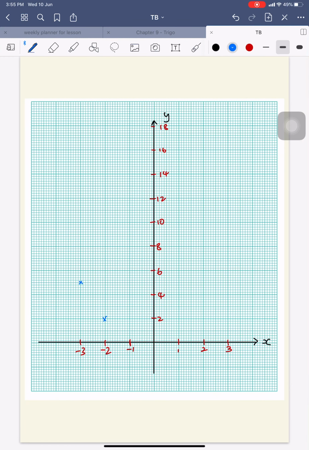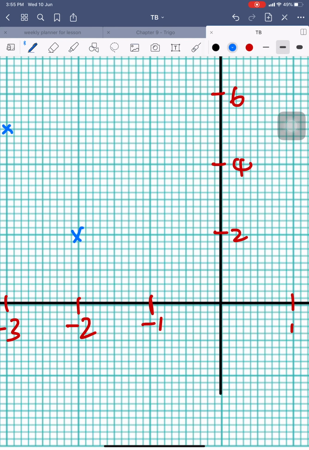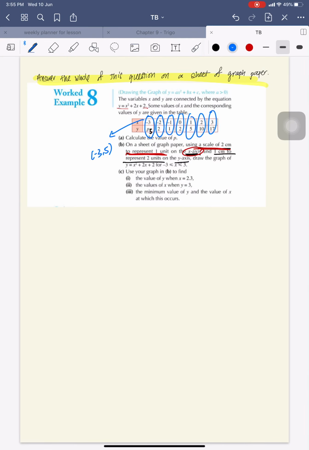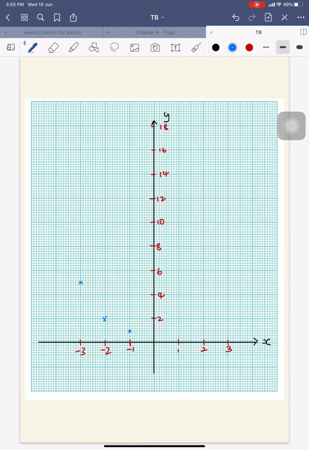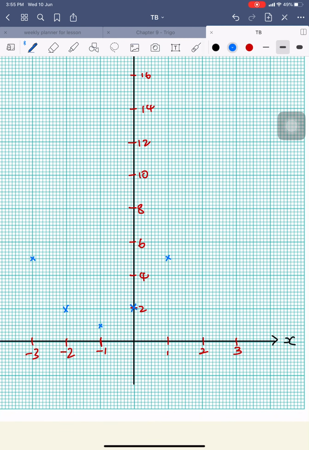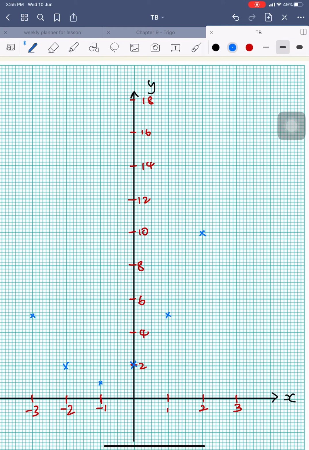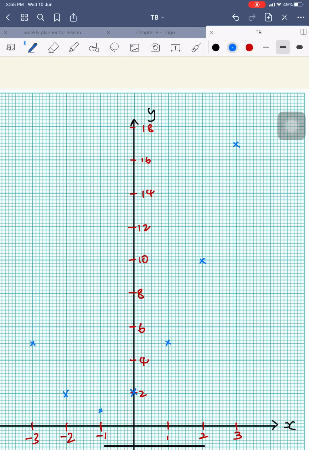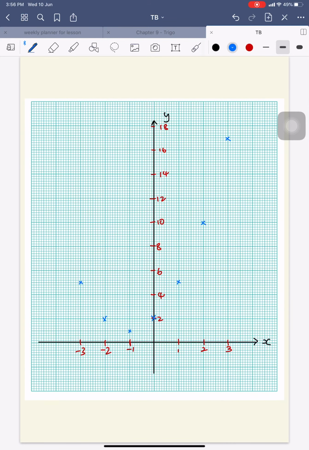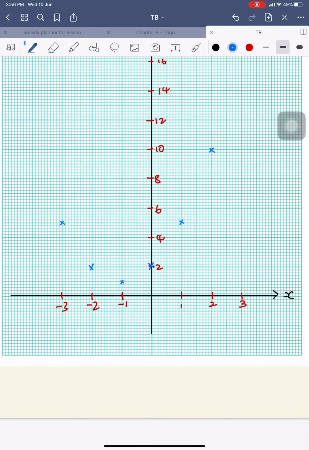And then -1, 1. Zero, 2. 1, 5. 2, 10. 3, 17. So now we will join them with a smooth curve.